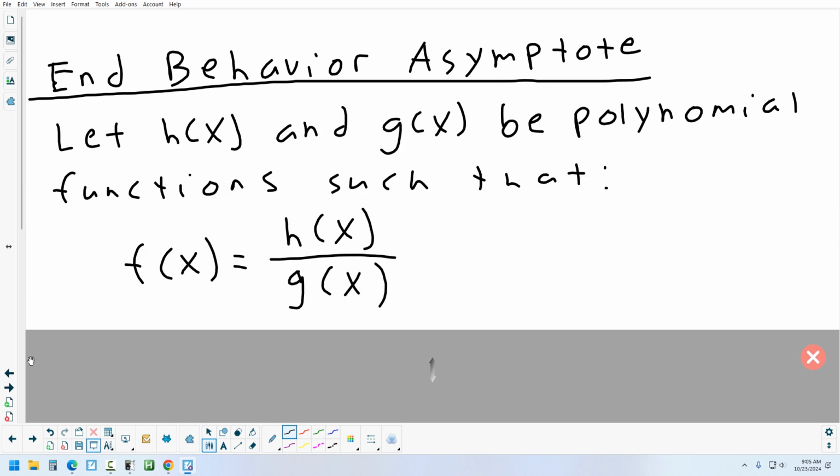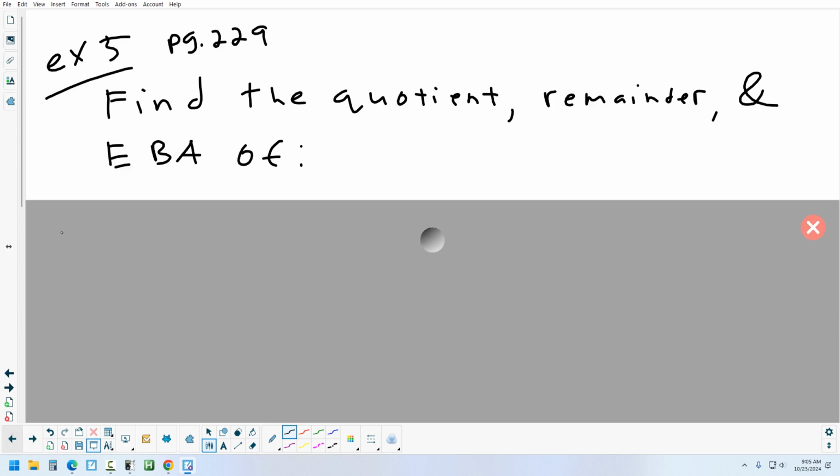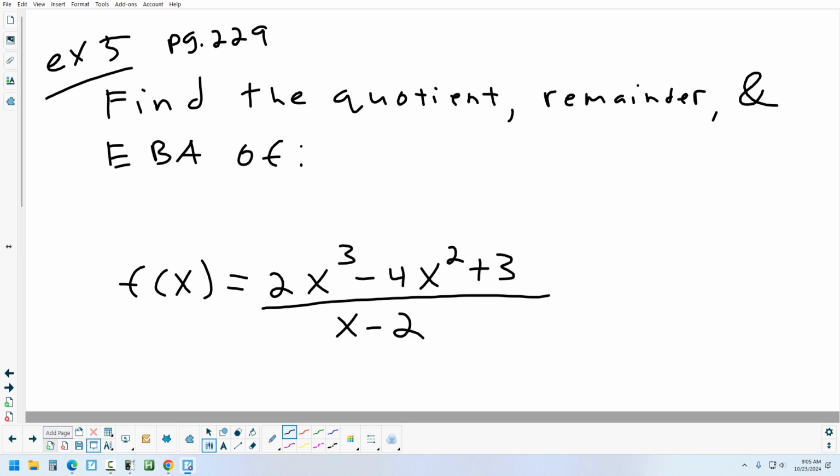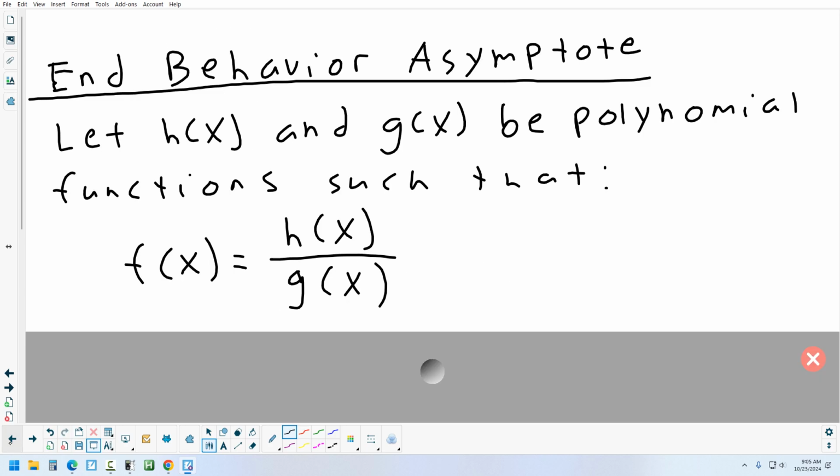All right, so let's say that you have a problem. When we actually do one, it'll look something like that. You'll have a polynomial in the top, and you'll have a polynomial in the bottom. I'm just writing them generically because I don't know what they are.